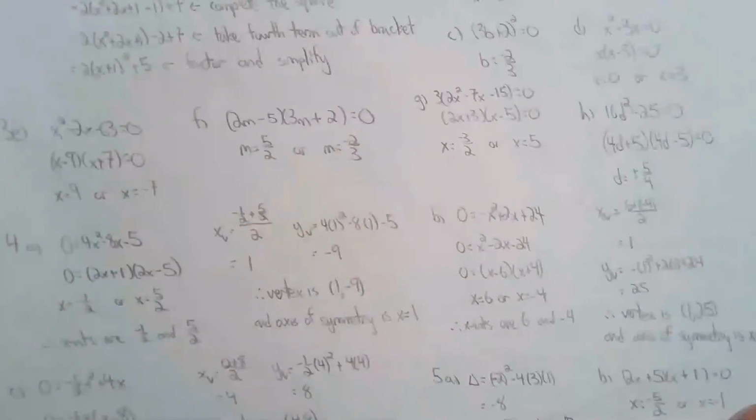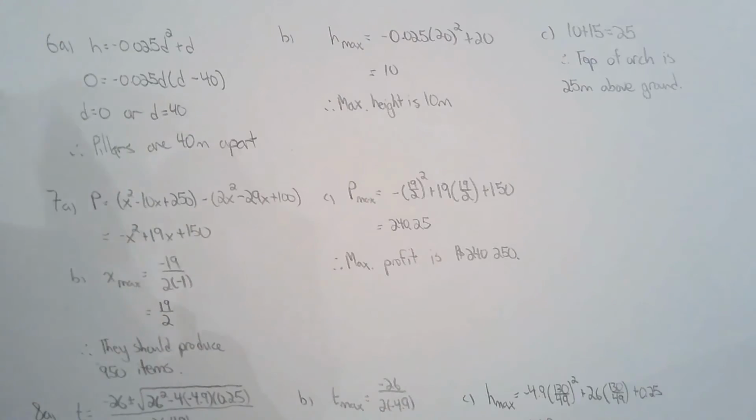Okay, alright. For question 6, you have 2 pillars, and there's an archway. You can find out how far apart the pillars are by basically finding the points where the archway touch the pillars.